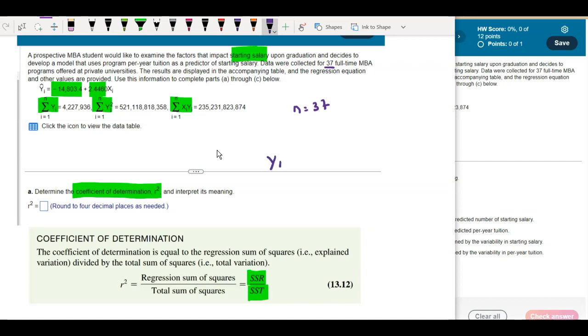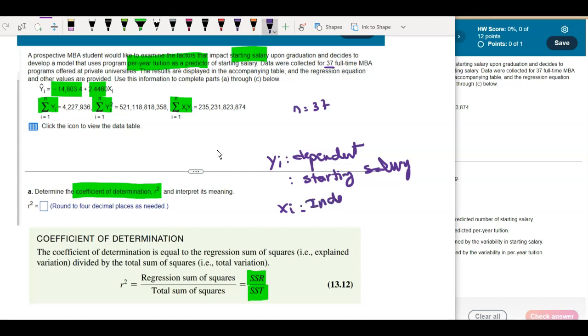The yi's are the dependent variables, and they are the starting salary. And the xi's would be the independent factor and the predictor, if you want. So the tuition per year is going to be the predictor, right?